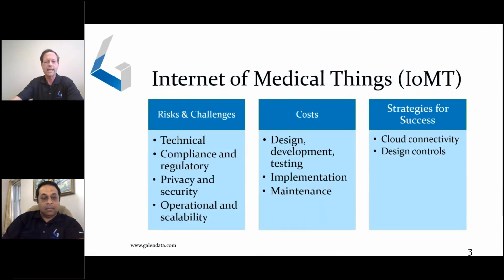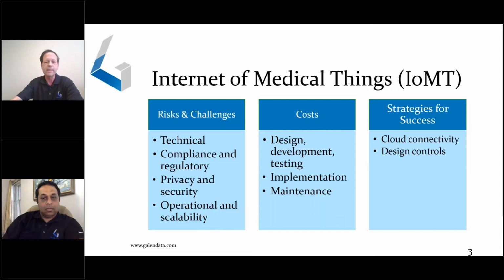Now let's talk about our presentation today. As most of you know, the growth of the Internet of Medical Things, the IoMT, shows us that connecting devices and collecting data is critical to user acceptance and commercial success. However, today, a lot of medical device manufacturers are faced with a myriad of challenges when connecting their devices with cloud technology. These risks and challenges include obvious technical challenges, compliance and regulatory issues.